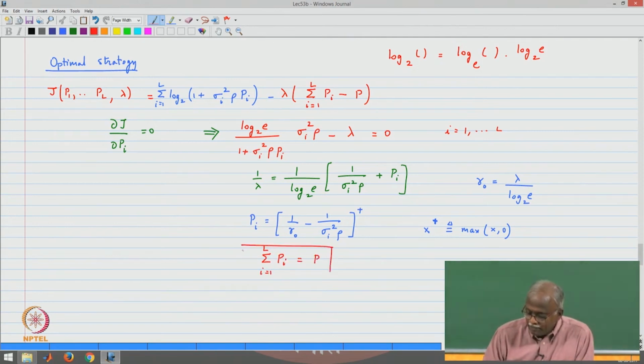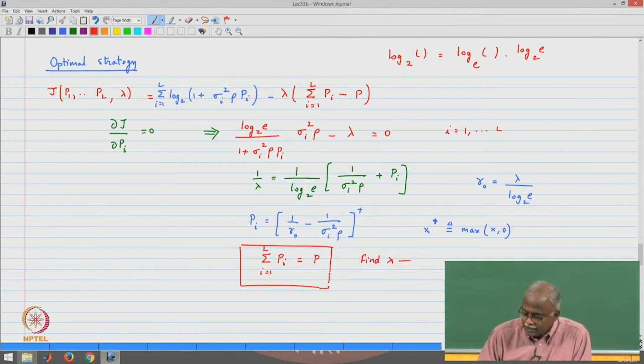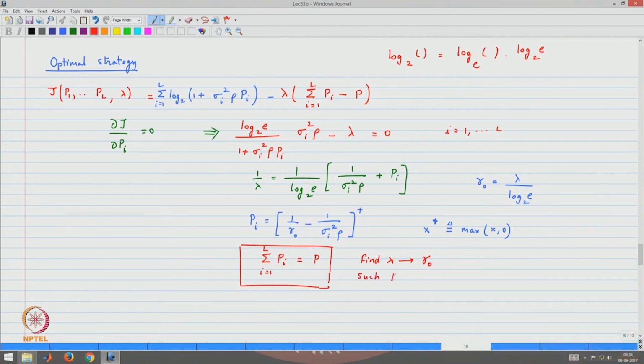So, find lambda, which is the same as finding gamma naught, such that the power constraint is satisfied. Okay, so again very similar to the approach that we have taken, in fact identical approaches.